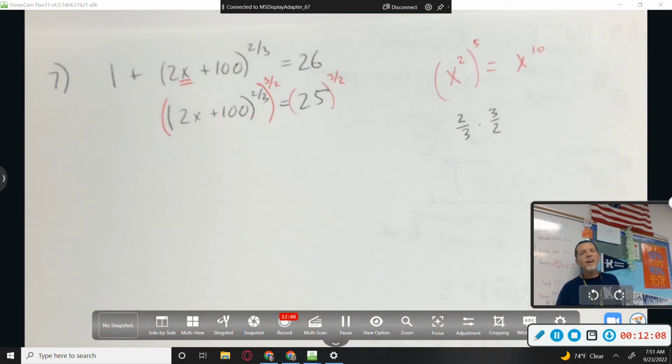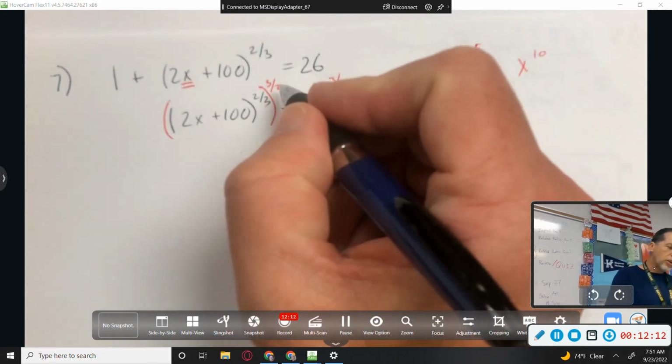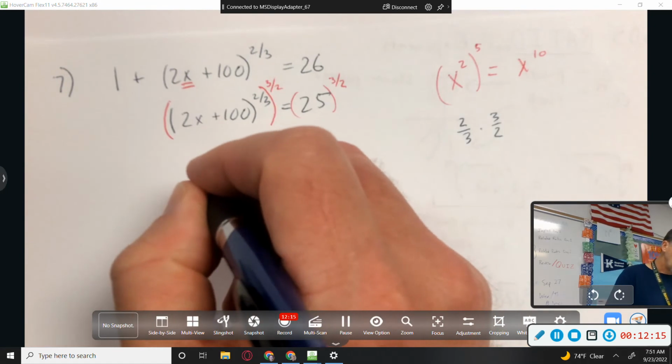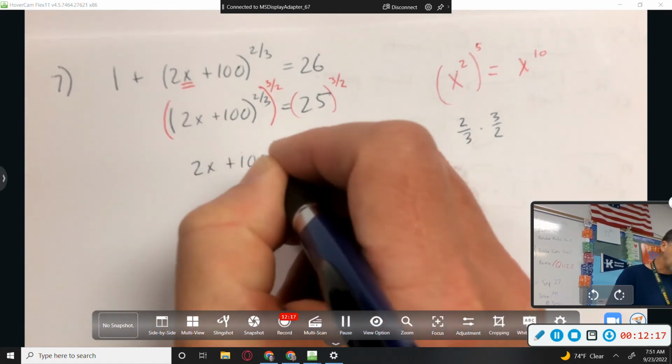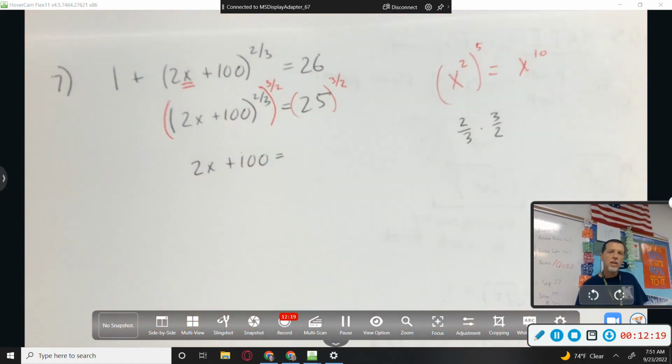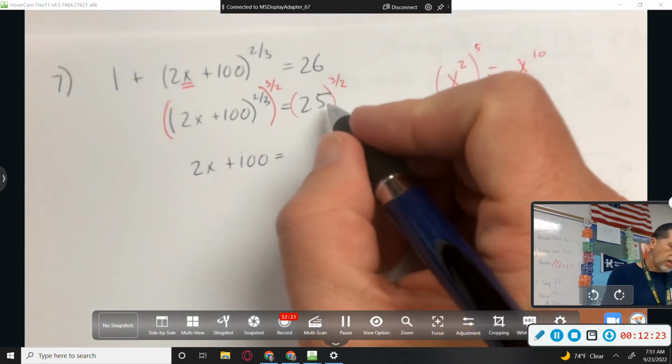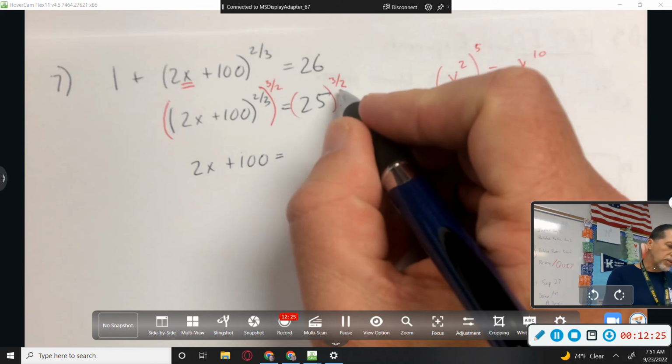So on the left, it looks terrible because you got 2/3, 3/2, but 2/3 times 3/2 is 1, so you're back to just 2x plus 100. On the right, you got a little work to do there.